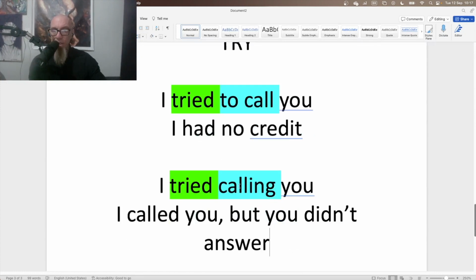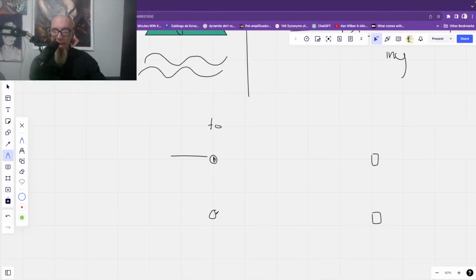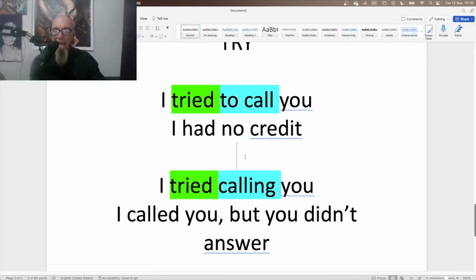So in this version here, I tried calling you, which means I made the phone call, I made the connection, but I still didn't get to speak to you. So maybe you didn't pick up the phone. Maybe your phone was turned off. Whatever the reason, I called, you weren't there. So in both cases, I didn't speak to you. But with the infinitive, I didn't start the action. I wasn't able to do this thing here, to call you.